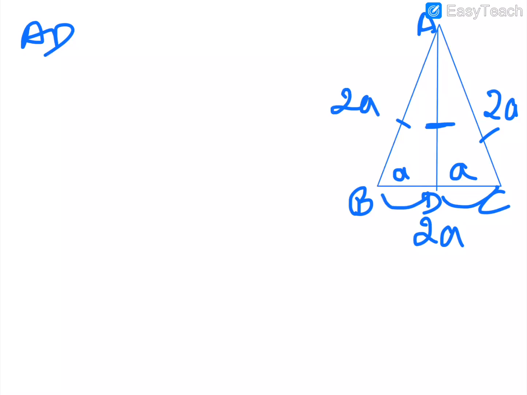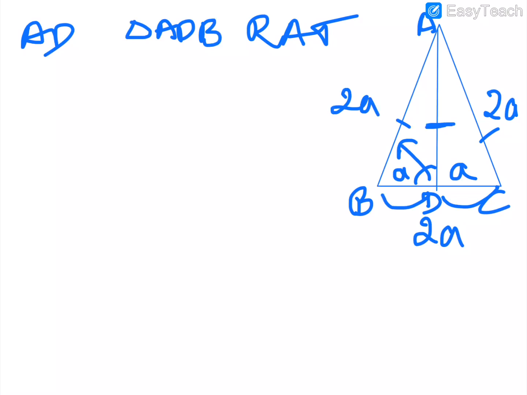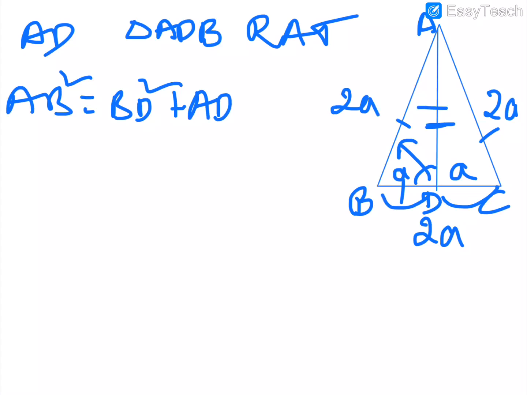We know that triangle ADB is a right angle triangle, so simply you will apply the Pythagoras theorem. The side opposite to the biggest angle is AB, so AB square is equal to BD square plus AD square.